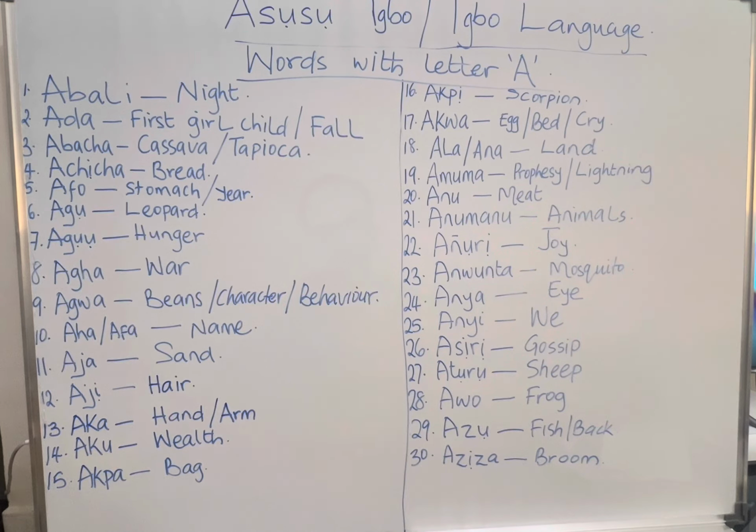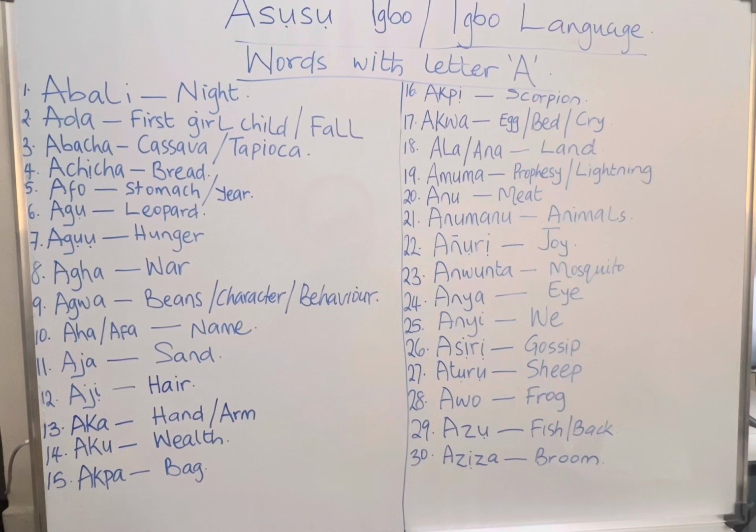Number 23, we have anwụnta. Anwụnta is mosquito. Number 24, we have anya. Anya is eye. Number 25, we have anyị. Anyị is we. We are coming.